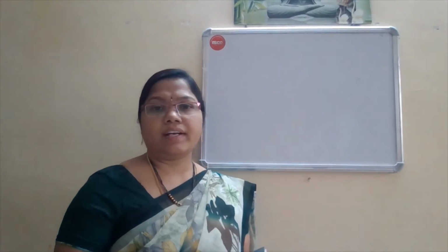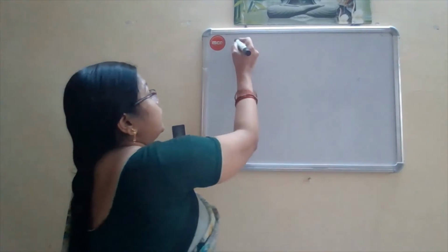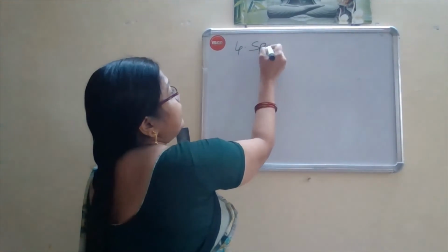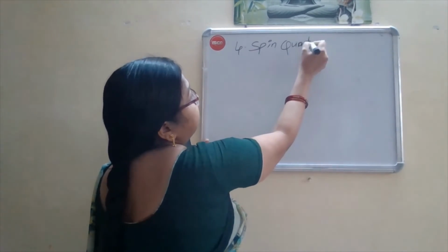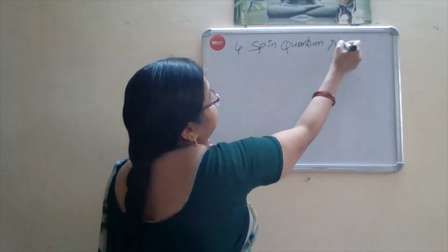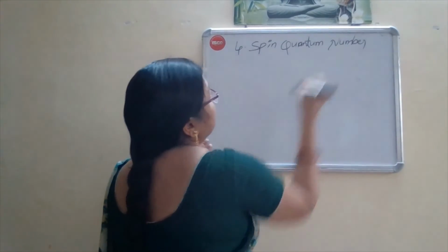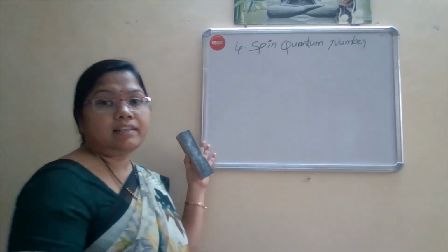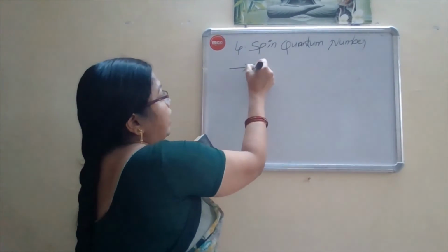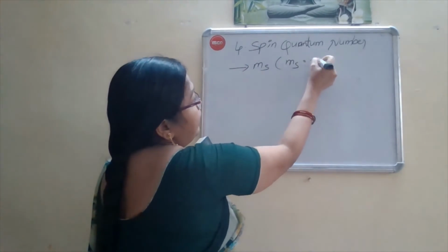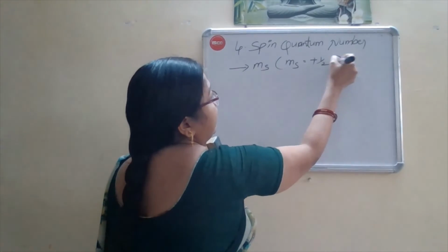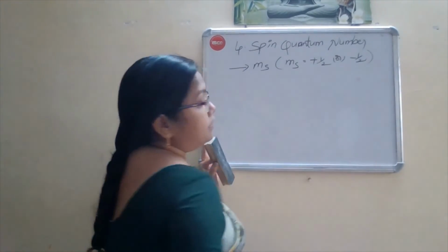Fourth one, spin quantum number. It is denoted by the letter MS. MS values are plus half or minus half.